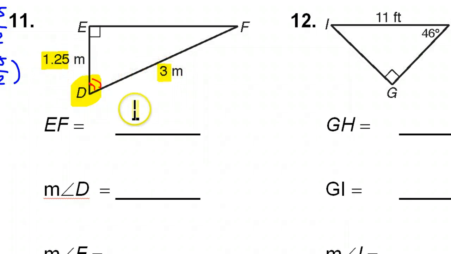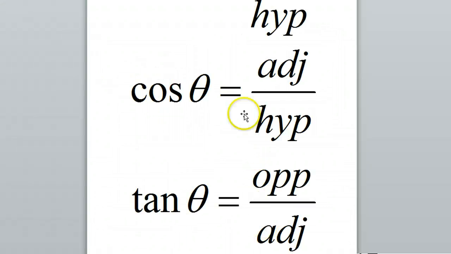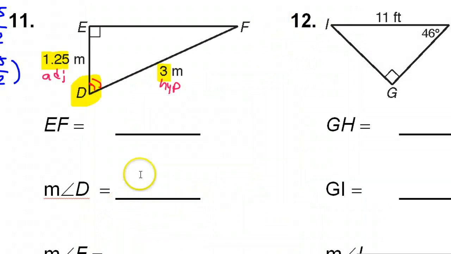Based on these three things, which trig function are you thinking? Well, this 3 here is the hypotenuse, and this 1.25 is adjacent. It's the adjacent leg right next to the angle. So adjacent and hypotenuse, which function is that? Adjacent over hypotenuse, that's the cosine. So we're going to do the cosine.